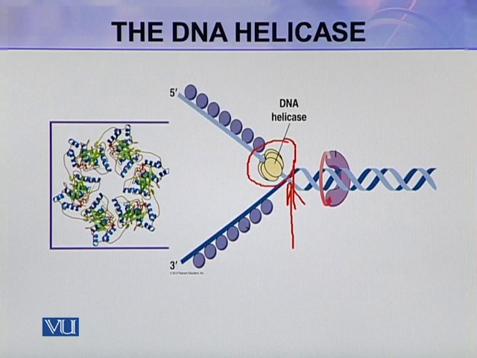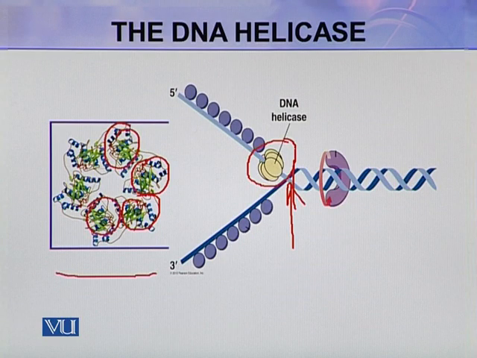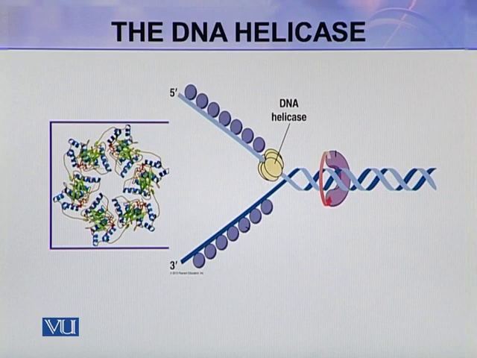It is not present on both strands. And if you see the three-dimensional structure of this DNA helicase, you can clearly see there are 6 domains or 6 subunits in this protein. So this is a hexameric protein, and it is present in the form of a ring.